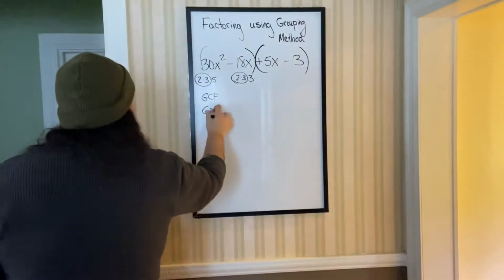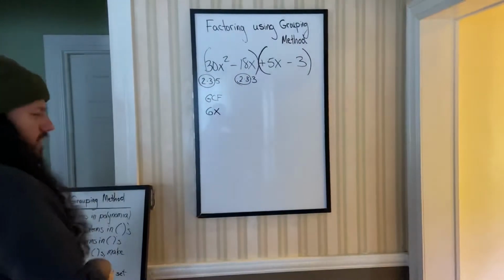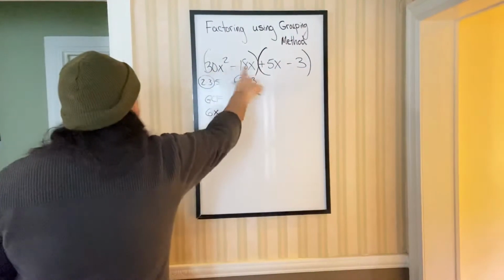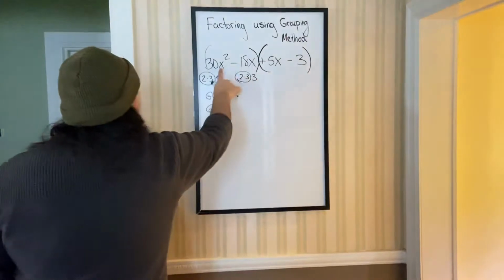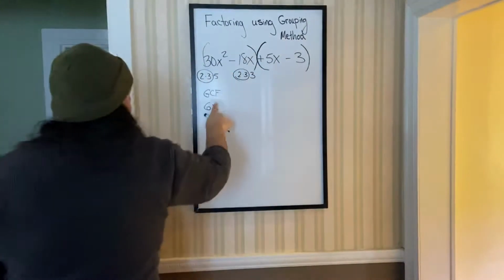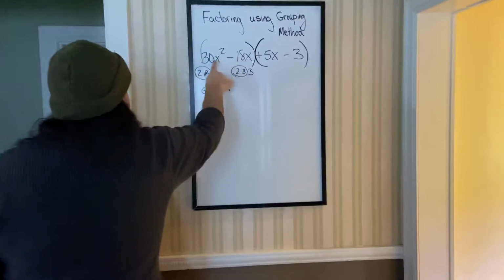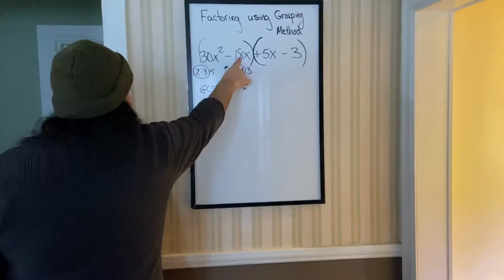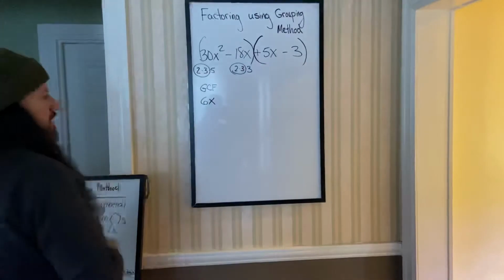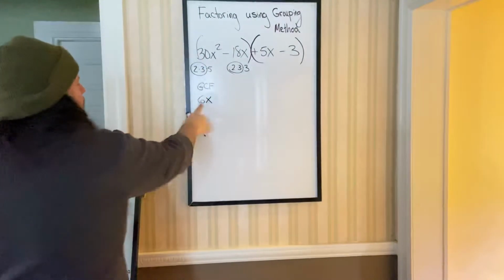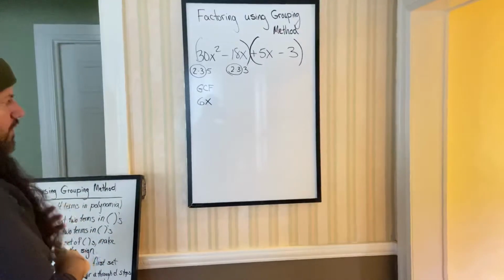is 6x. Remember, you're going through A through D. I saw that they didn't have matching parentheses. Same letter, took out the smallest exponent, so there's the x. I saw that they both have a number in common. You can divide this by 6, you can divide this by 6. My GCF is 6, but it doesn't start with a negative, so I only had 2 out of the 4.